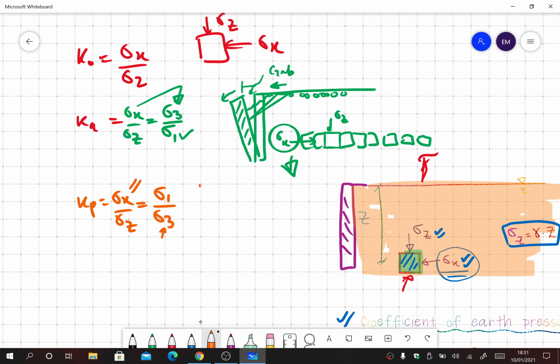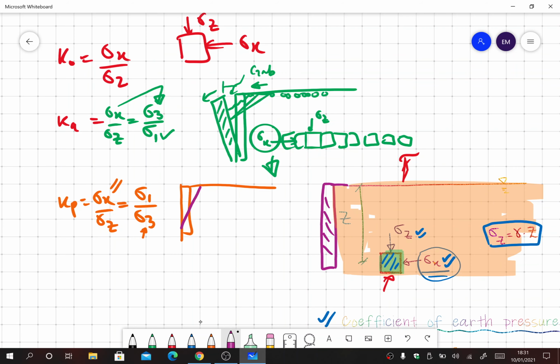In this case this is the wall and this is the embankment, but now the wall is moving towards the embankment, towards the soil. So the particles that were already there are now more compressed, which means there is more horizontal stress because there's a push from this side. That's why the horizontal stress becomes the major principal stress and the vertical stress becomes the minor principal stress.